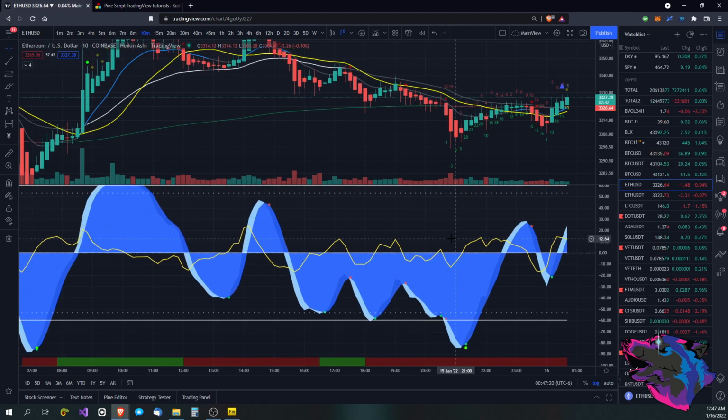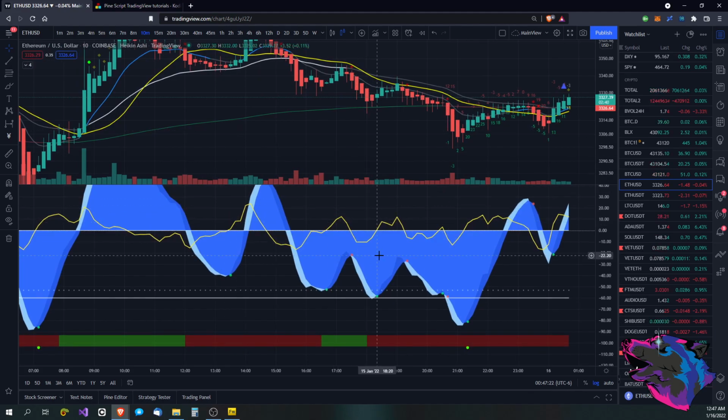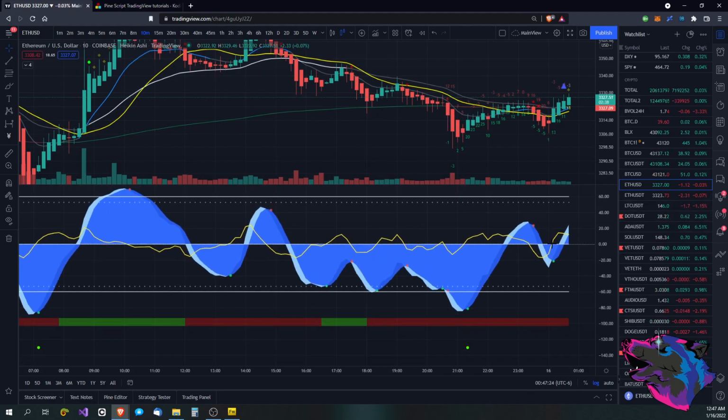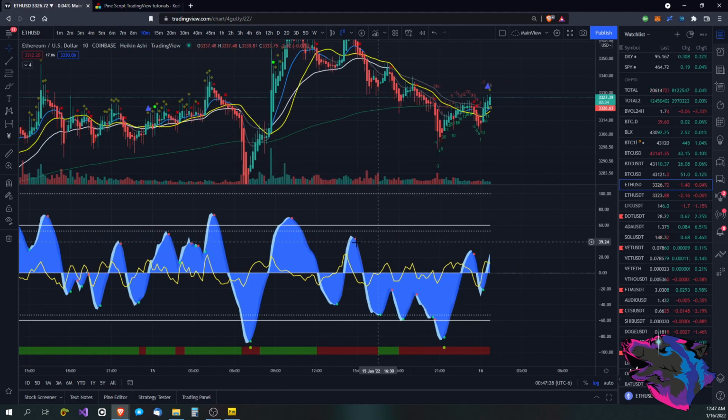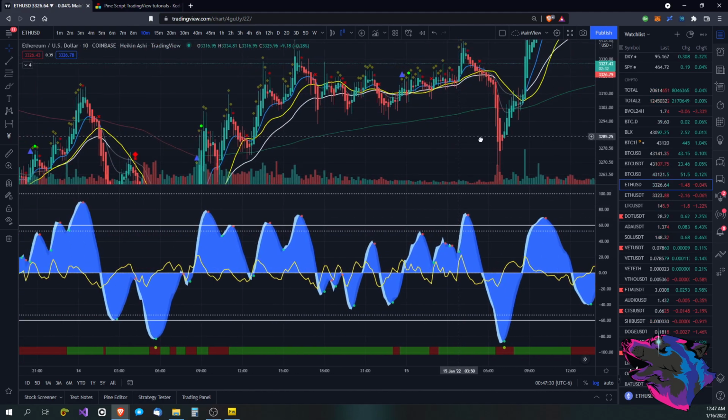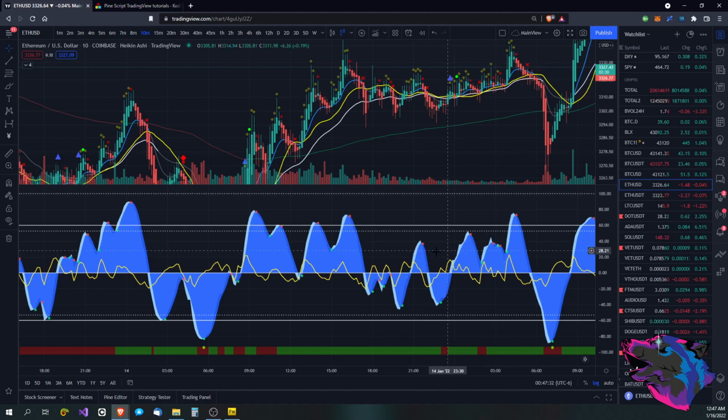Now, the next important aspect of the momentum waves is looking at trends, if you will. And that's where divergences come in.